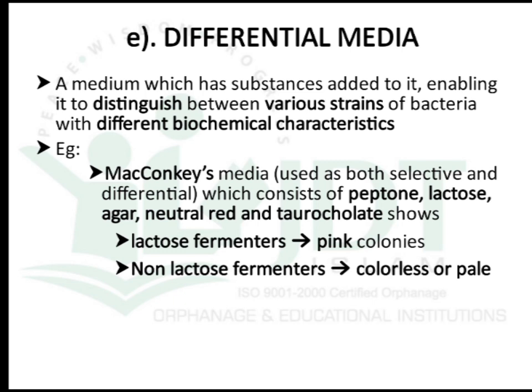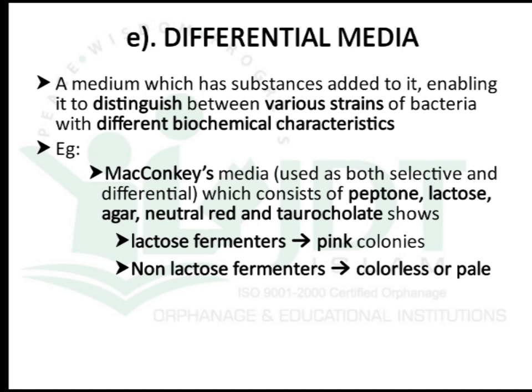An example is MacConkey agar media, which is used as both a selective as well as a differential media, but the difference is, in selective media we are separating two separate bacteria. Here in differential media we are separating the different strains of the same bacteria with different biochemical characteristics.